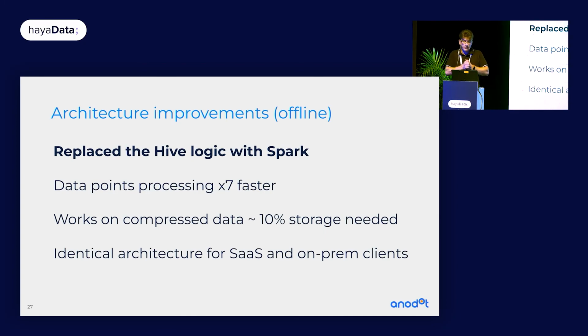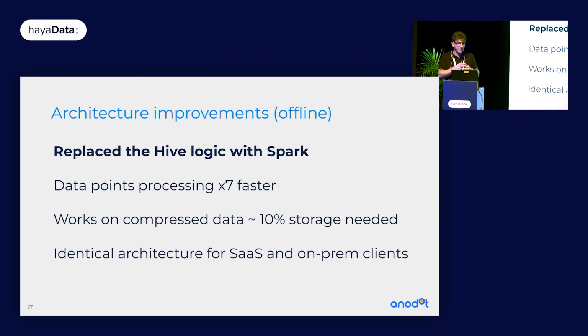During the last year, we made a few improvements to this setup. The major one was partial replacement of the Hive process with Spark. Our issue with Hive is the slow processing for compressed data. So the data preparation actually took more time than the actual data processing, like calculations, okay?